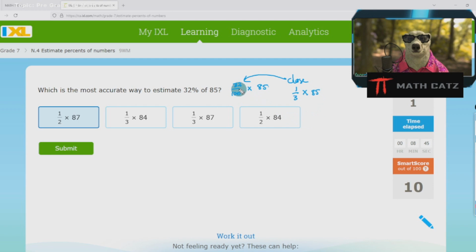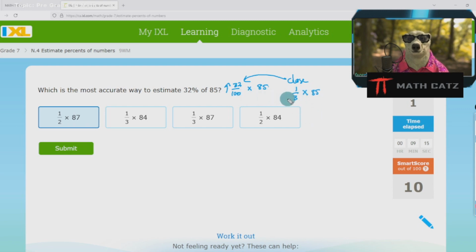I went a little higher, so I went up a little bit on this one. Instead of 32%, I'm making it a little over 33%. So my estimation this way is going to give me an answer that's a little bit more than 85. How much more? I don't really know precisely, without some effort, of course.